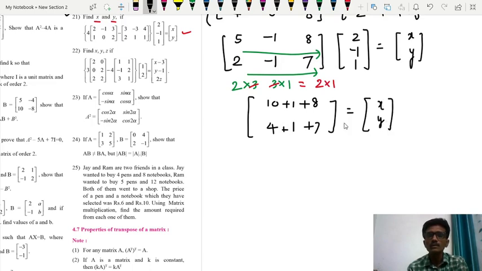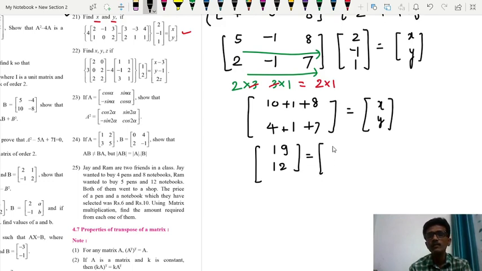Yes, simplified. What is this matrix? It is okay 19 and this is 12 is equal to xy matrix.